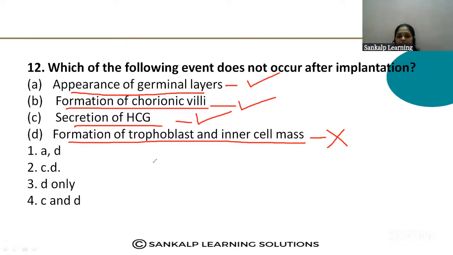Before the implantation it will form, and then the cell gets implanted in the uterus. So option D only, the third one, is the correct answer.